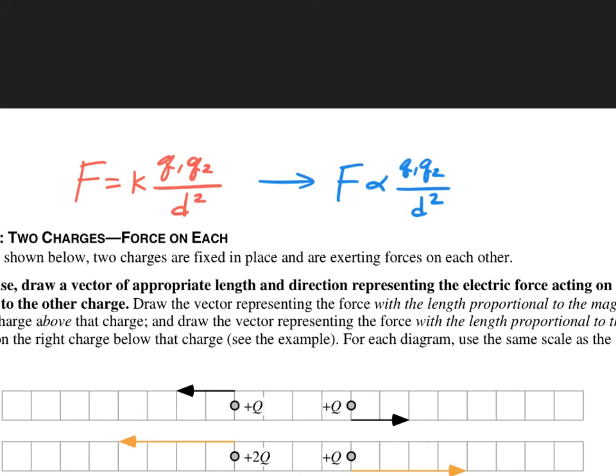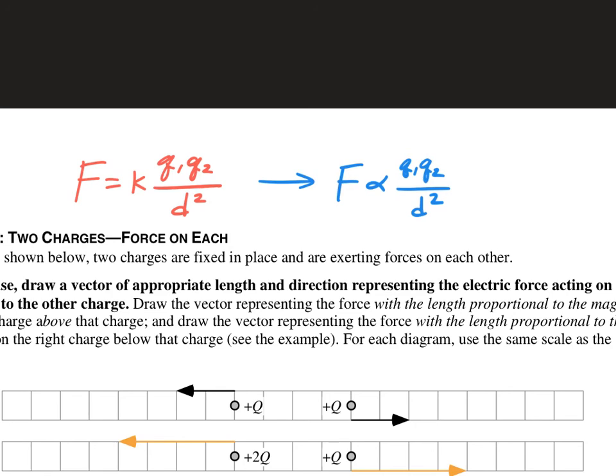So the next one, you have the situation where, okay, in part B, it's a minus 2q and a plus q. So what's going to happen to the direction of the arrows? Well, it has to go the other way. So if a plus and plus was going out oppositely, plus and minus has to go towards one another.